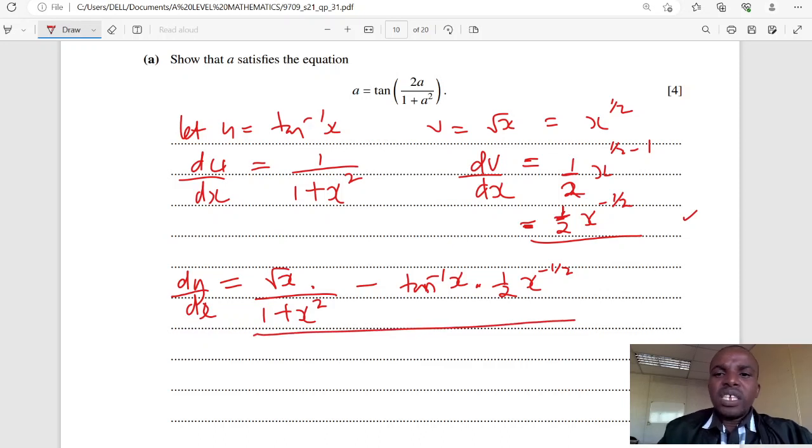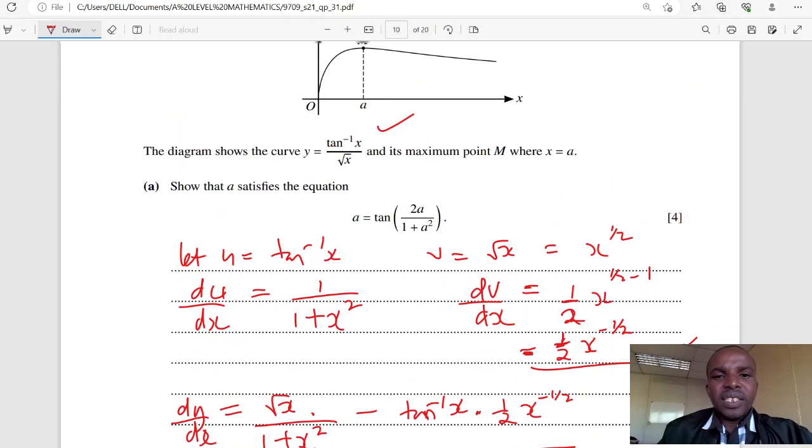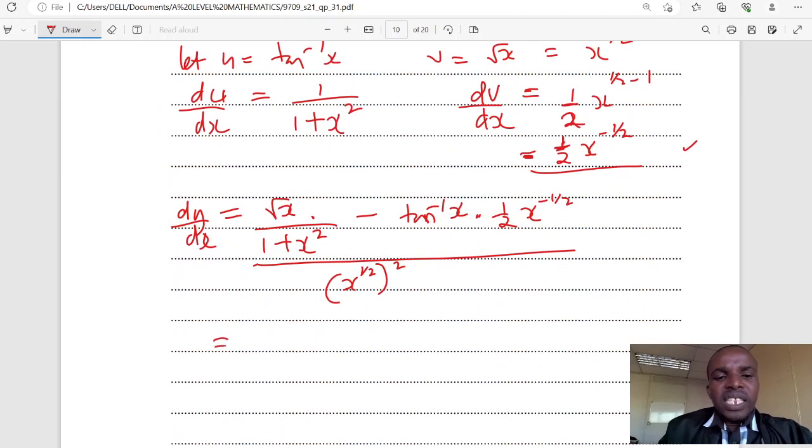What is my v? It's x to the power half, squared. So it's root of x, squared. Like this.